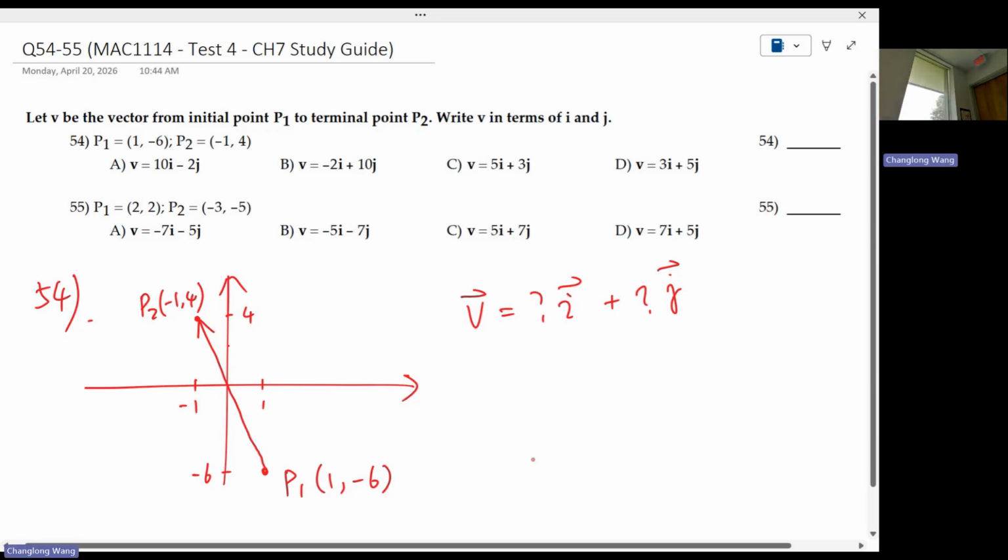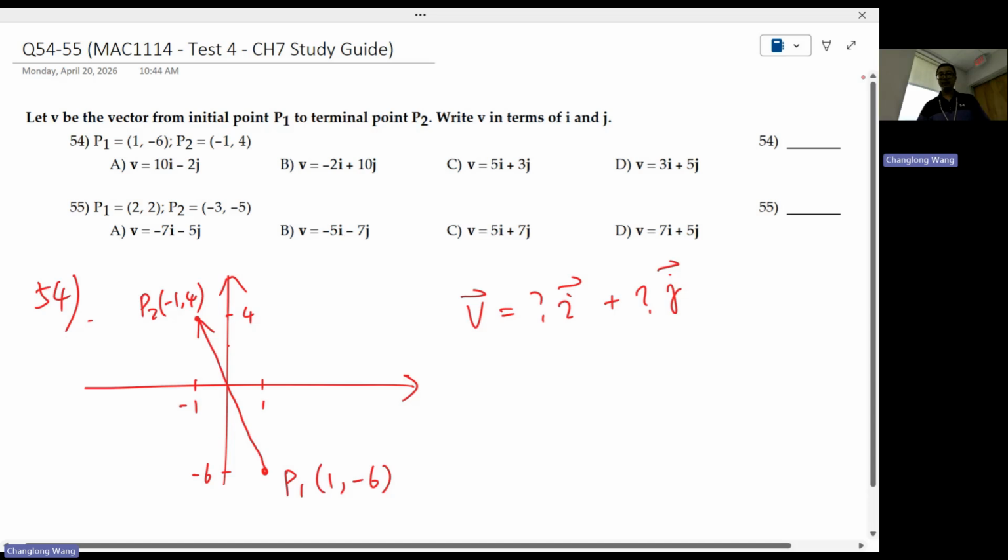So the order makes a difference, right? So it's always the terminal minus the initial. You start from P1, ends in P2, right? Take the final or the terminal coordinates minus the initial coordinates. So then we're going to do negative 1 minus 1, so you get negative 2.